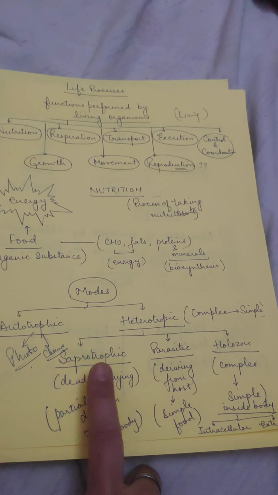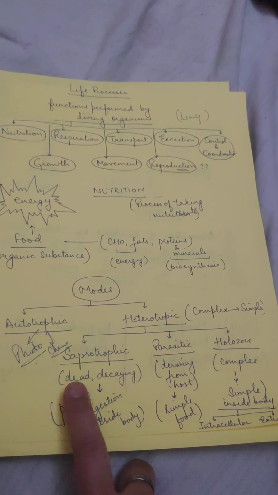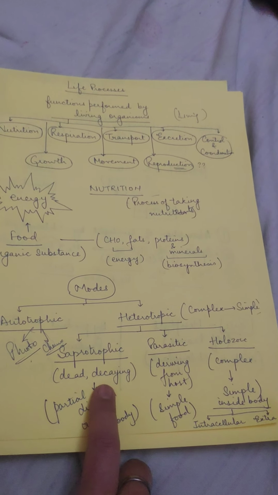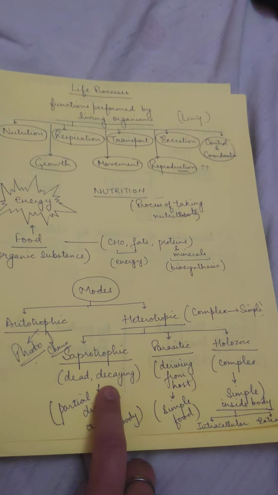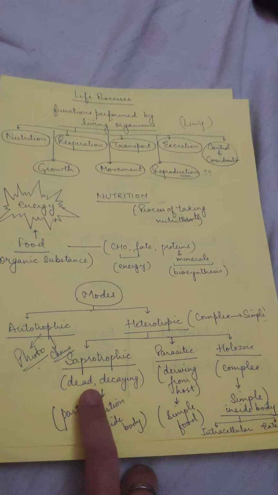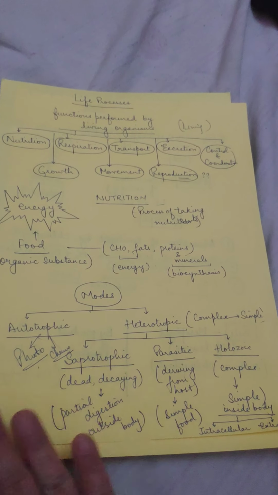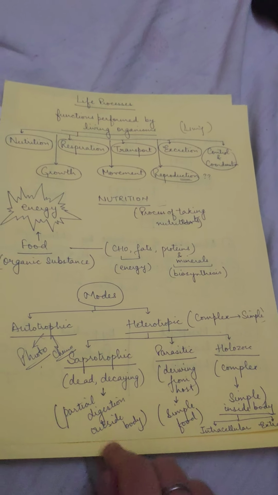Saprotrophs are those organisms which feed on dead and decaying organisms, like fungi. In this case the complex food is partially digested outside the body.